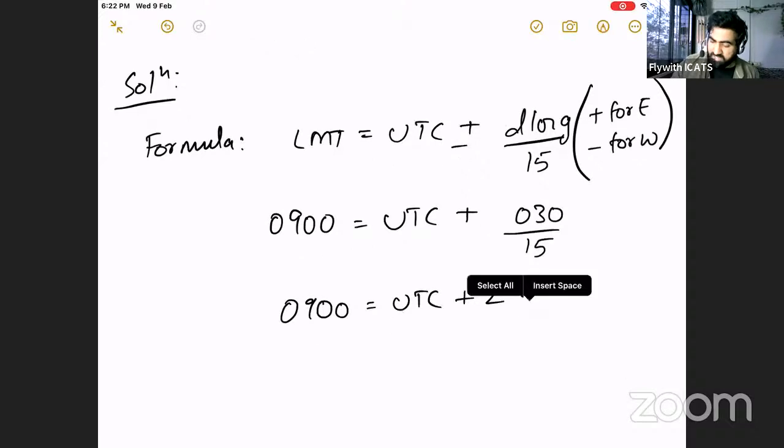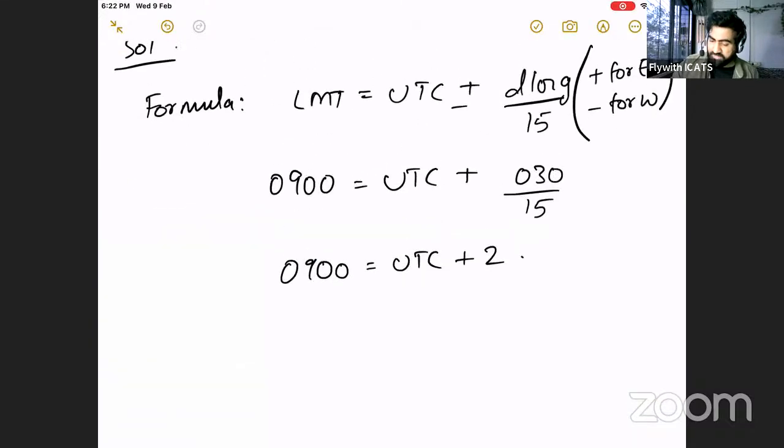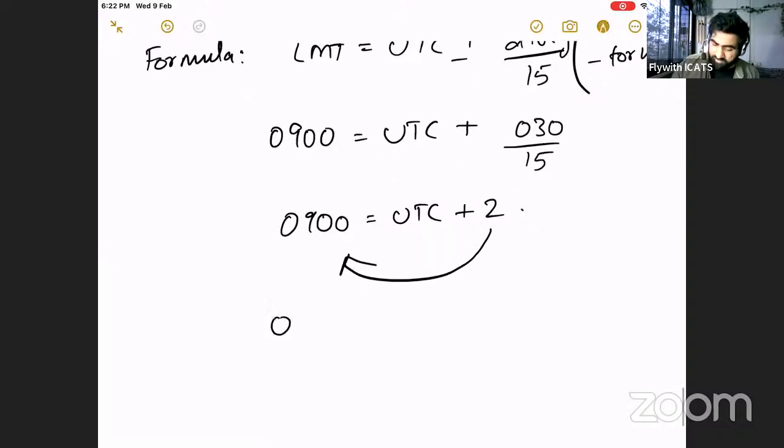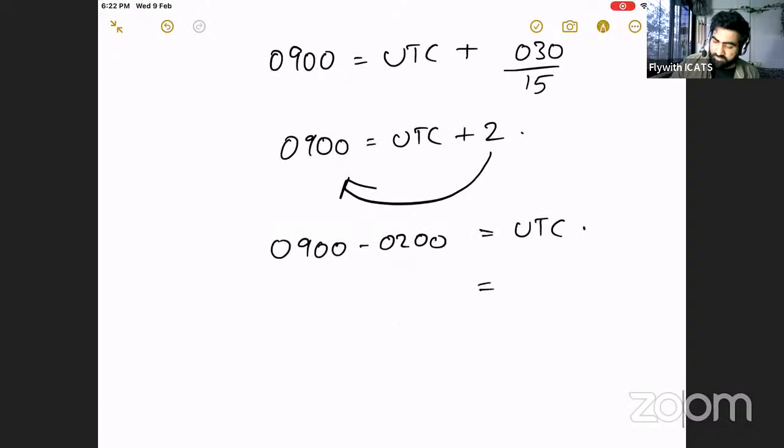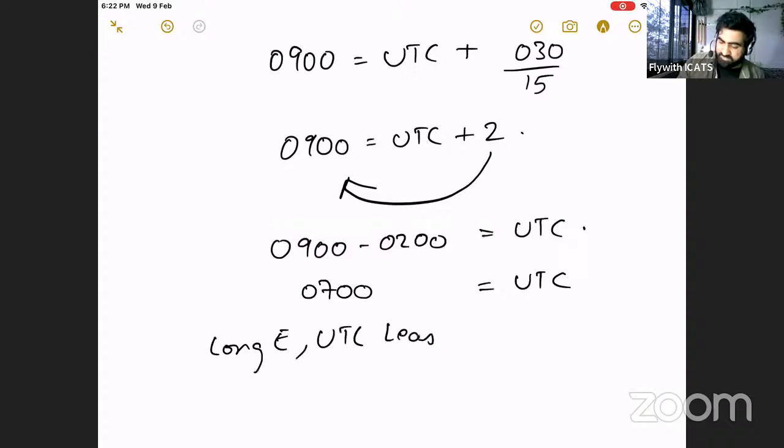So I'll keep UTC over here and I'll take this plus 2 over there. It will become minus 2. So 0900 minus 0200, because it's just 2, it means 2 hours, is equal to UTC. So your UTC is 0700 hours. Longitude east, UTC least. Check. Answer is correct.